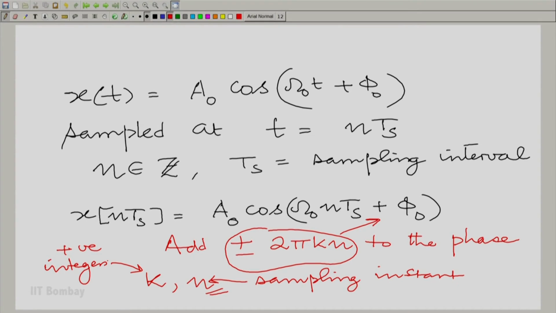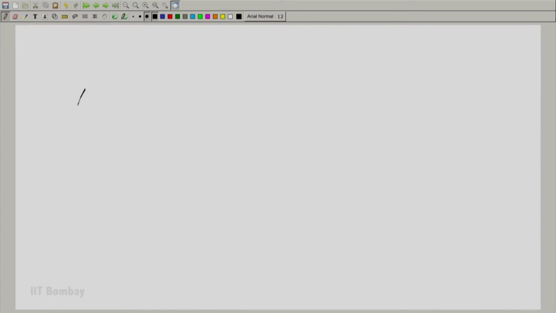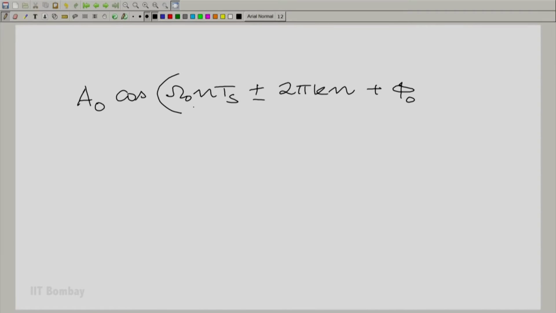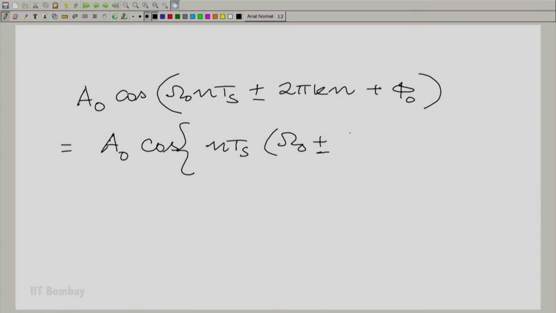So, if you do that, you get A naught cos omega naught nTs plus minus 2 pi kn plus phi naught, and we can take all this common. We could write A naught cos, well, let us take nTs common, and you have omega naught here and then you have plus minus 2 pi by Ts times k and a plus phi naught there.